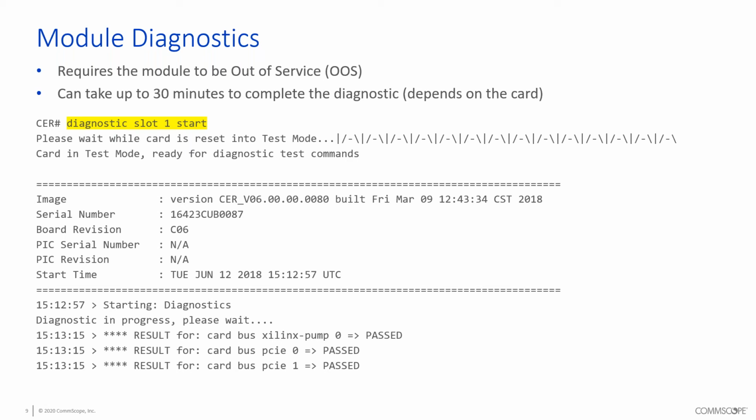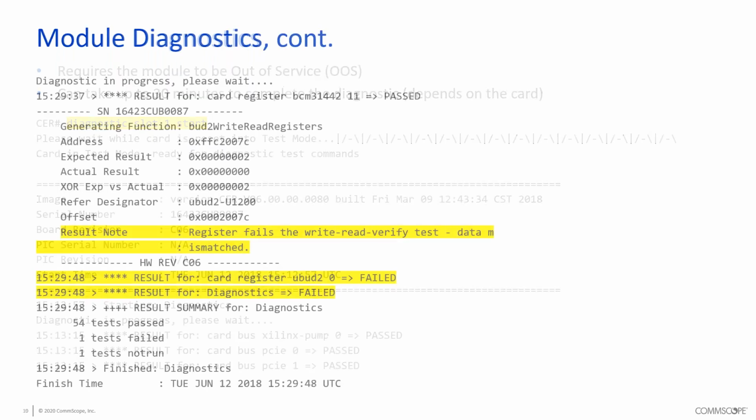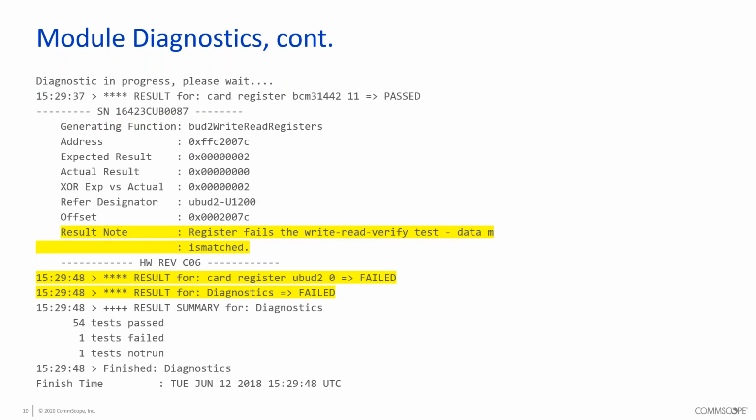So how would you capture this? Before you start the diagnostic, just turn on logging on your Telnet or SSH session to capture all of that information. So as the diagnostic finishes up, you'll see it will post the results. And in this case, we did have a failure.